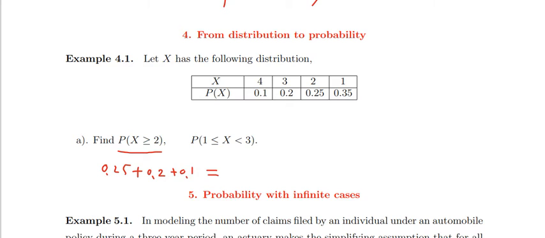Or we can say it equals 1 minus the opposite side, x less than 2, which is just x equals 1. So this is very easy: from the distribution, we can find probability. Here x has only a few cases, or finite cases.